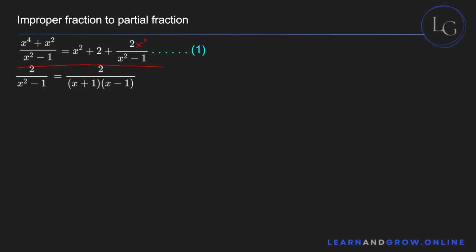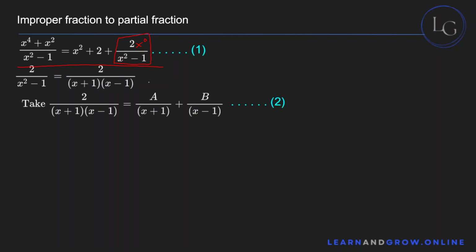So now you'll resolve this part of the equation by the type 1 resolution that we did before. So you'll turn this x square minus 1 into x plus 1 into x minus 1, and then you'll write it down as a over x plus 1 plus b over x minus 1, the partial fractions.